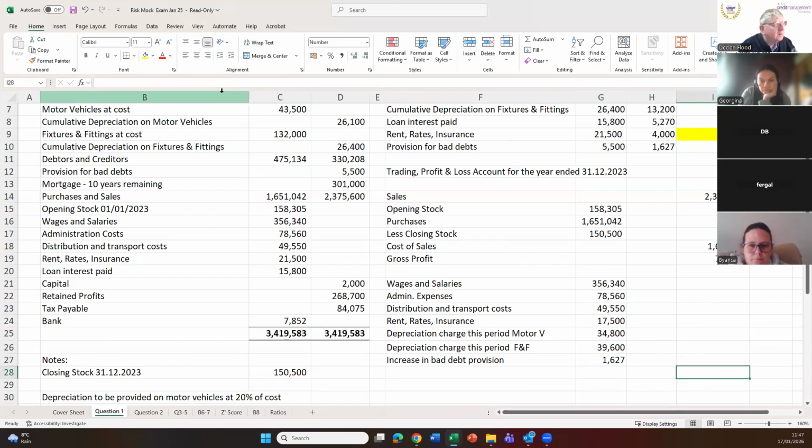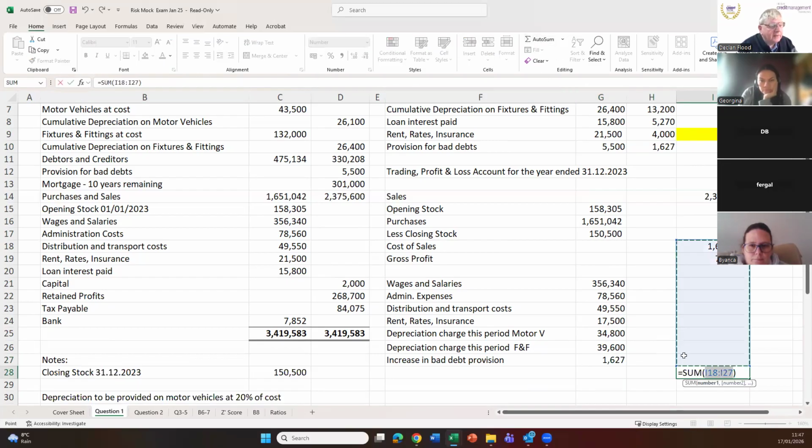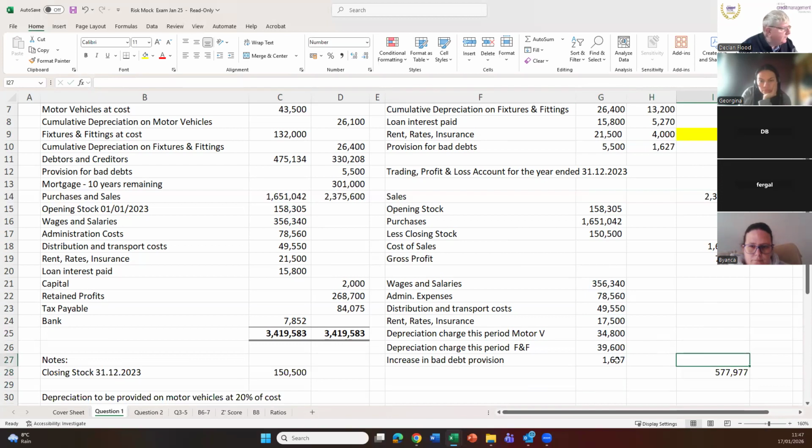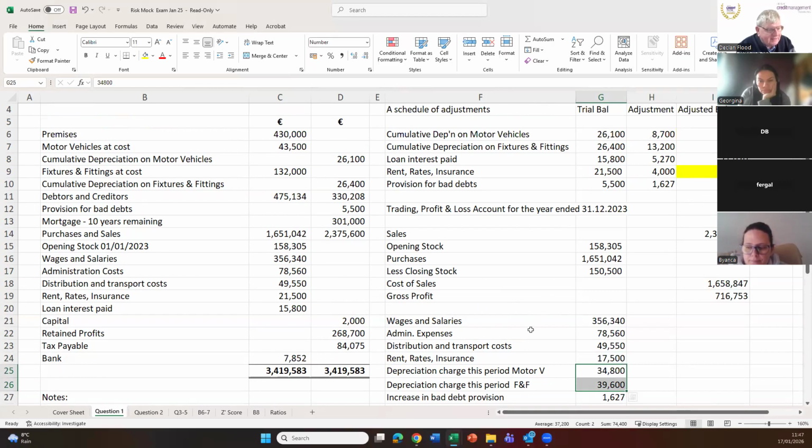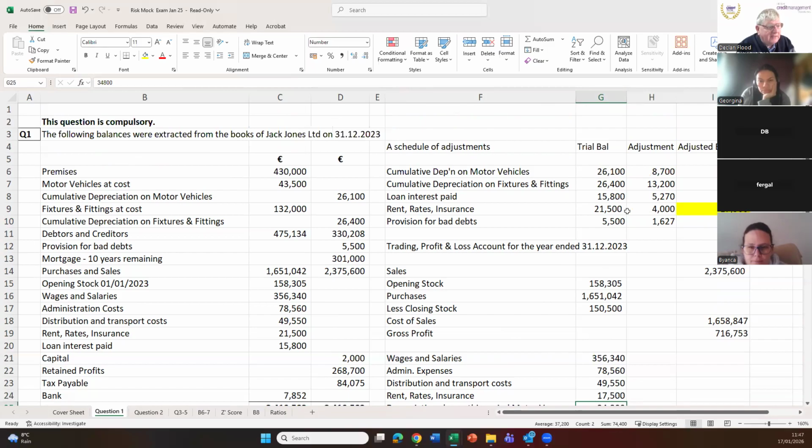So add that. No, I've missed something, have I? 356, 78, 49, 550, 17. Sorry. See, it even shows I can make a mistake. What I did there was I took the cumulative depreciation. This is a P&L account. I should only take the depreciation for the current year.